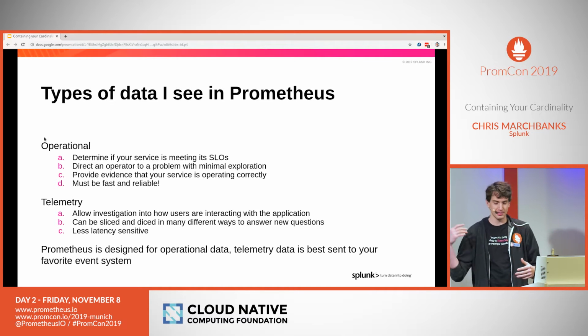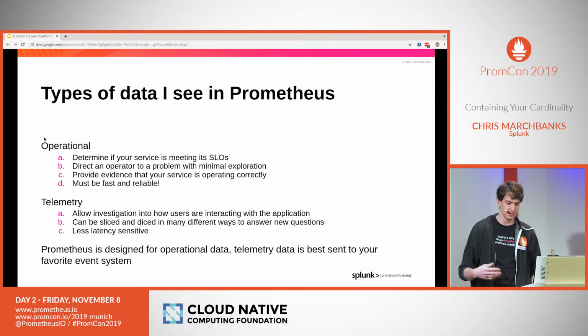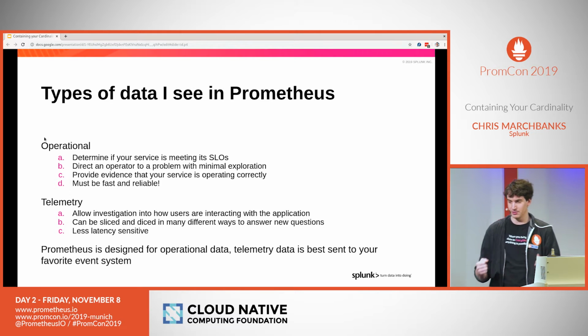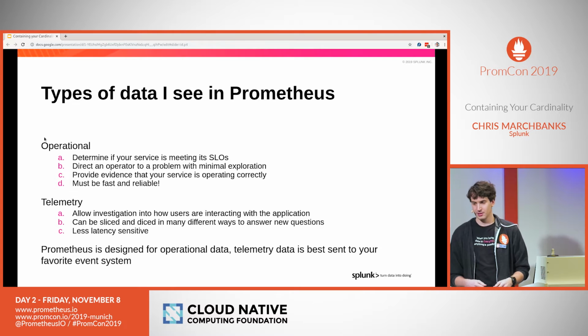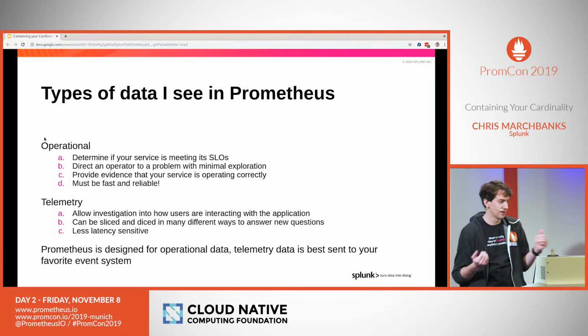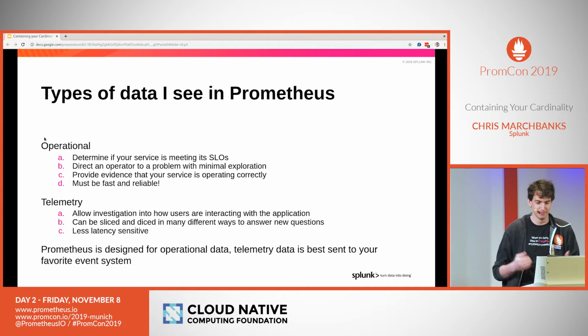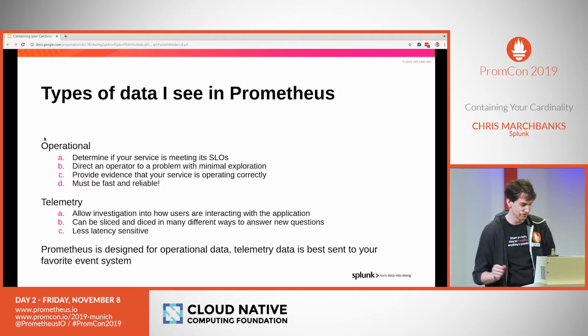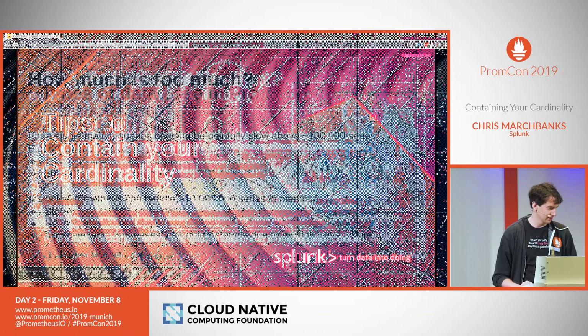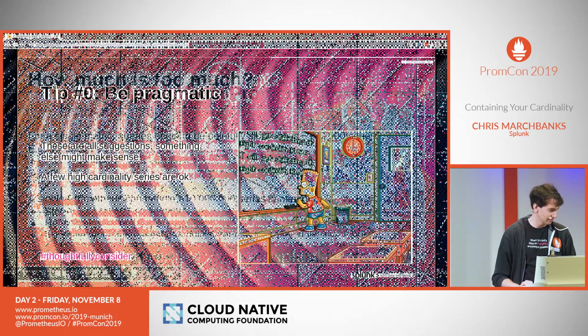But usually that is someone asking ad hoc queries, or it can wait a few minutes, it doesn't have to be as fast. Consider not putting that data in Prometheus is a big one. Prometheus is really good for operational data, but telemetry data is a lot of the time better sent to an event system. Clearly I work at Splunk, so I can put it in Splunk, but whatever event system you want works great. So, tips. How do you actually contain your cardinality?